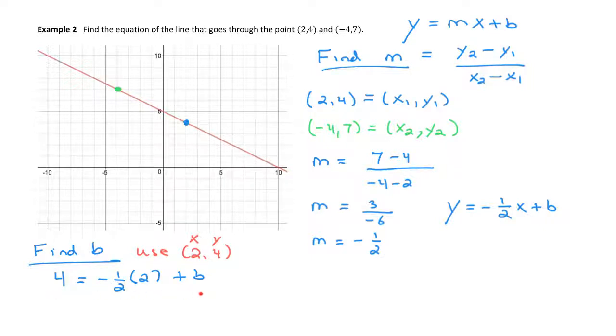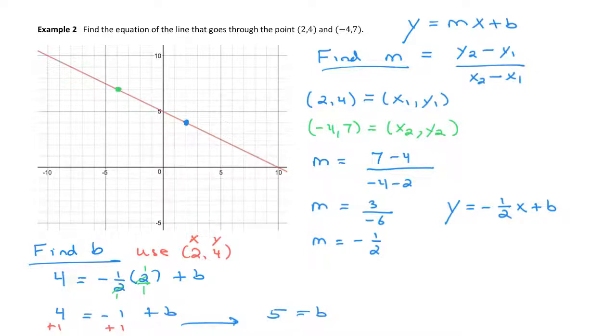If I simplify this, I have negative 1/2 times 2. This 2 and that 2 can simplify to just 1. My equation is 4 is equal to negative 1 plus b. To solve for b, I can add 1 to both sides, and I get that b is equal to 5.